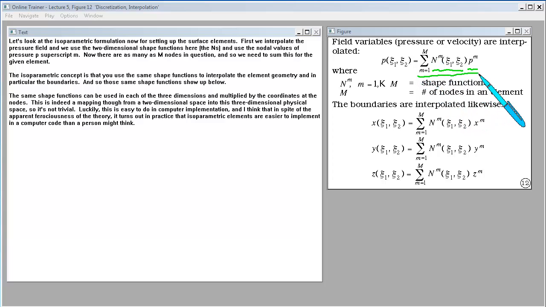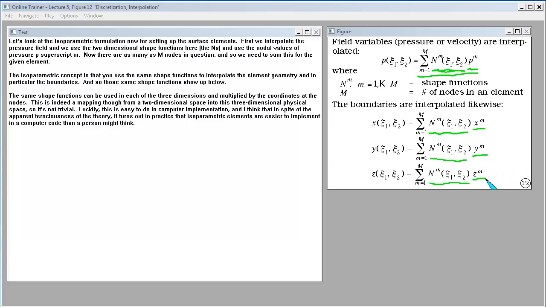The isoparametric concept is that you use these same shape functions to interpolate the element geometry and in particular the boundaries, and so those same shape functions show up below. The same shape functions can be used in each of the three dimensions and multiplied by the coordinates at the nodes.